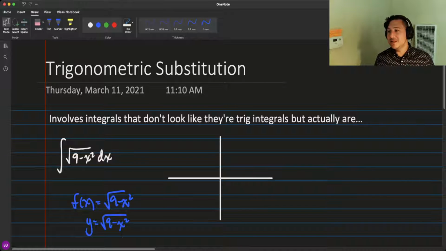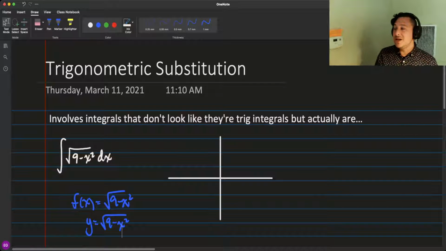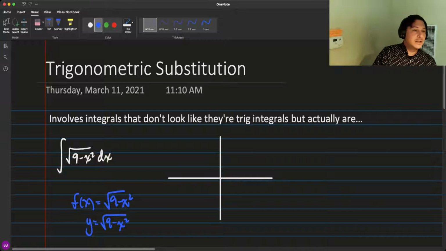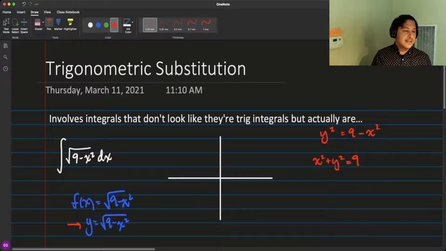All those things that you're saying are technically true, but you don't even need to know all this stuff about arc sine. Because if you square both sides of this, you're going to get y squared equals 9 minus x squared. And if you bring that x squared over, you'll get x squared plus y squared equals 9. So we know that this is just a circle of radius 3.